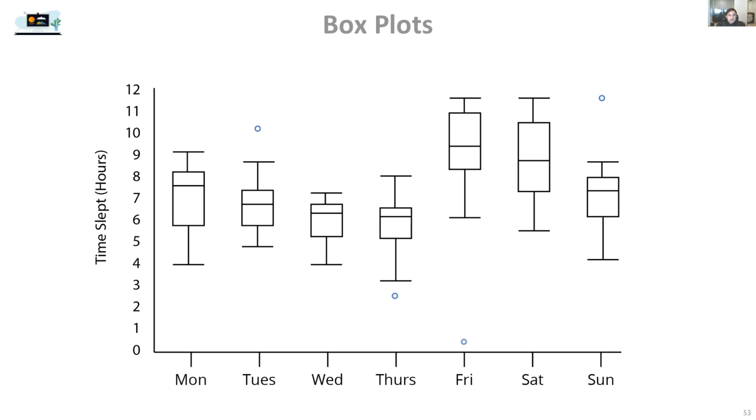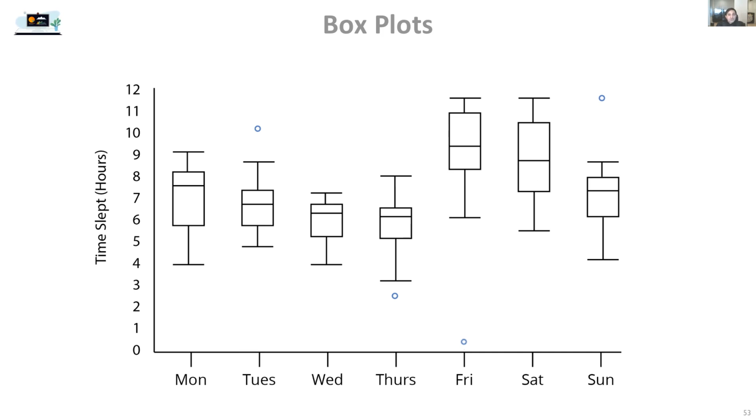Let's make another observation. The large box on Saturday shows how inconsistent sleep habits are on Saturdays. The 10 students in the box, which represent the middle 2 quartiles of the data, sleep in a range that's about 3 hours wide.